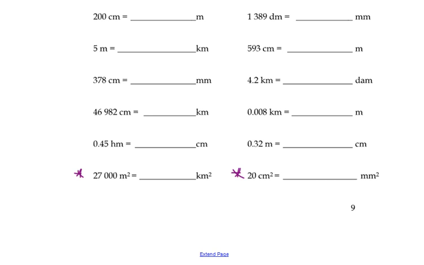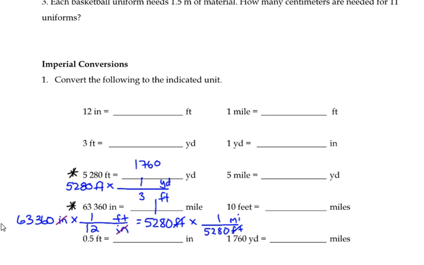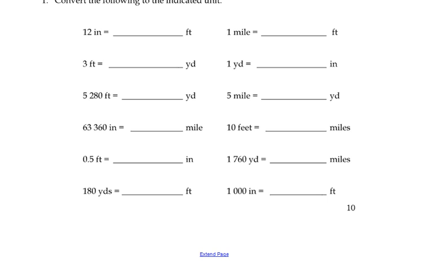On the next page, these are optional because they're squared units. So your homework is 9, 10, and 11. Can you please go to this page here? 9, 10, and 11. But it's actually not due to Wednesday. You're going to have some time in class on Tuesday. If you want to get a head start, you're welcome to try it on the weekend. You might want to do that.